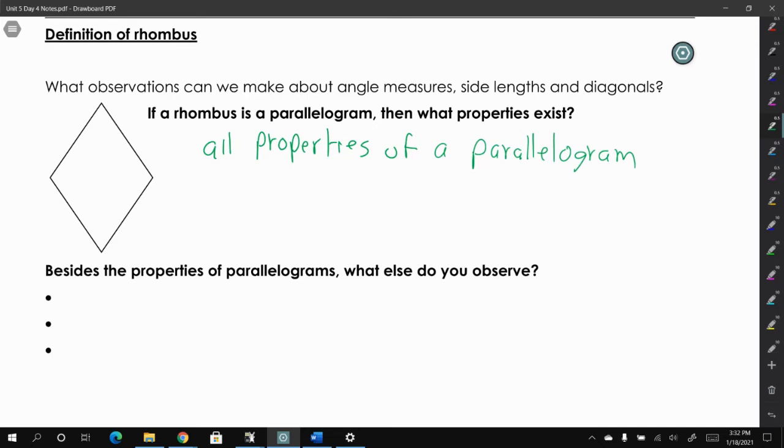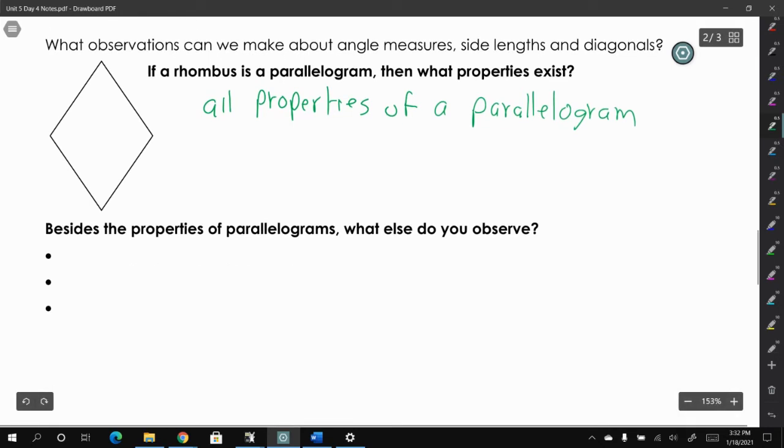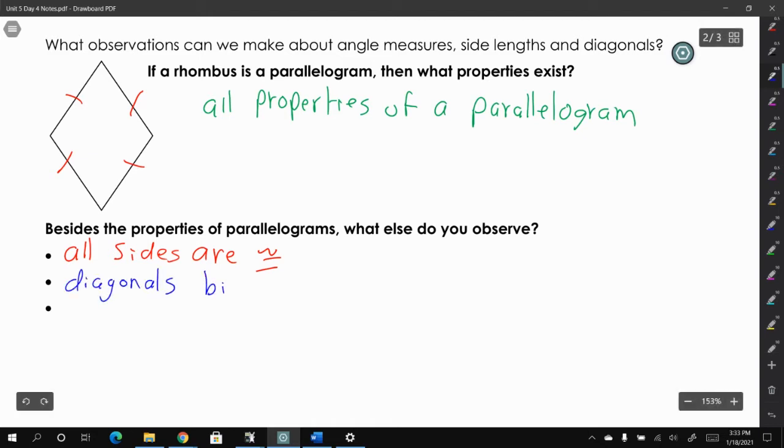So besides all the properties of the parallelogram, with a rhombus, all sides are congruent. We also have diagonals bisect opposite angles. So the diagonals bisect opposite angles.